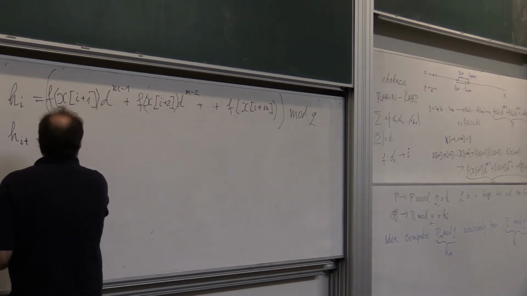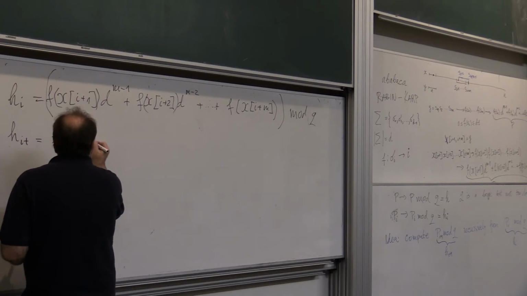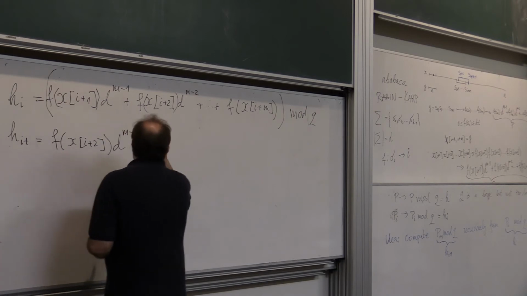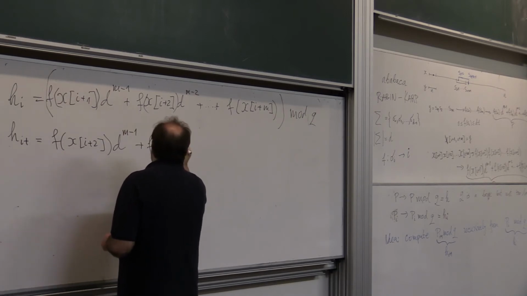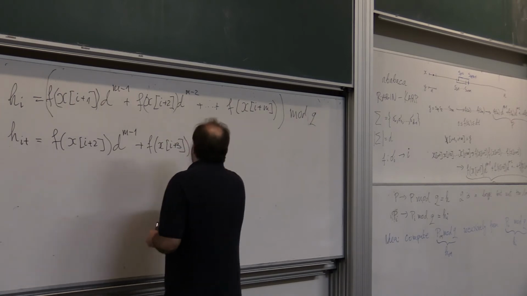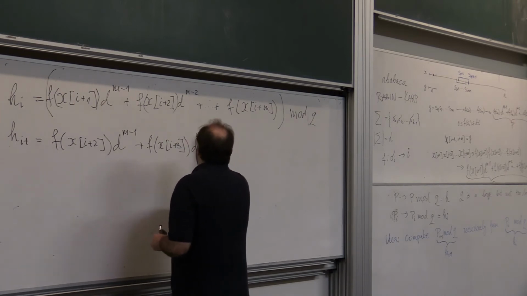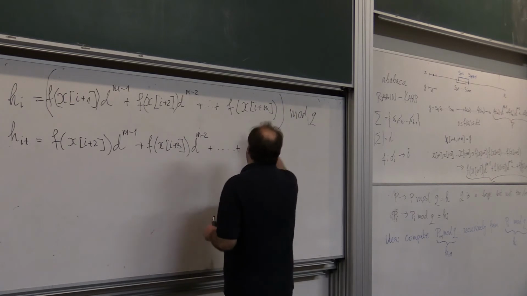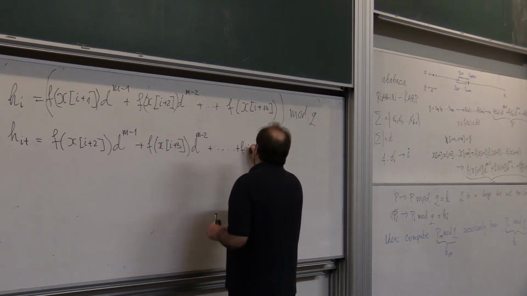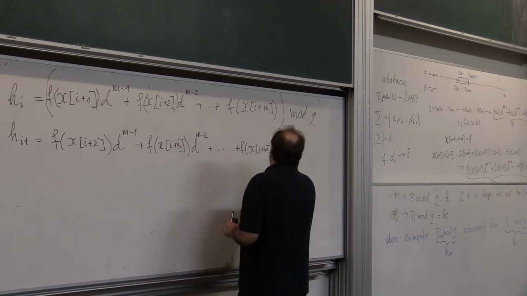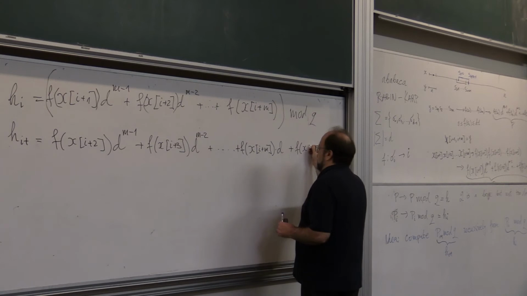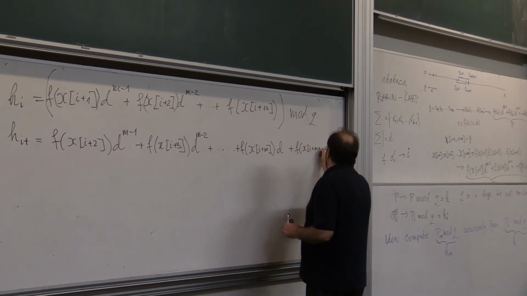So this will be f of x I plus 2 times d to the m minus 1, plus f of x I plus 3 times d to the m minus 2, plus, now this guy will be, f of x I plus m times d, and finally f of x I plus m plus 1.